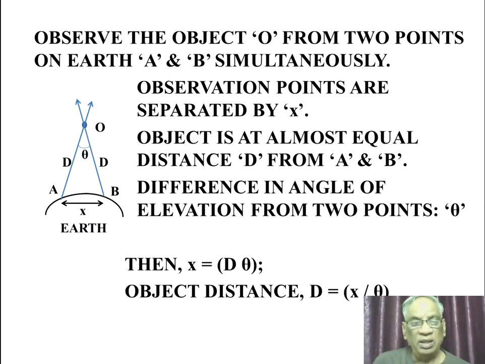So x is a chord and theta is a very small angle. The distance between the two observation points and the celestial body is the same, capital D. Hence, from simple trigonometrical principles, the distance between the two observation points is given by the product of D into theta.